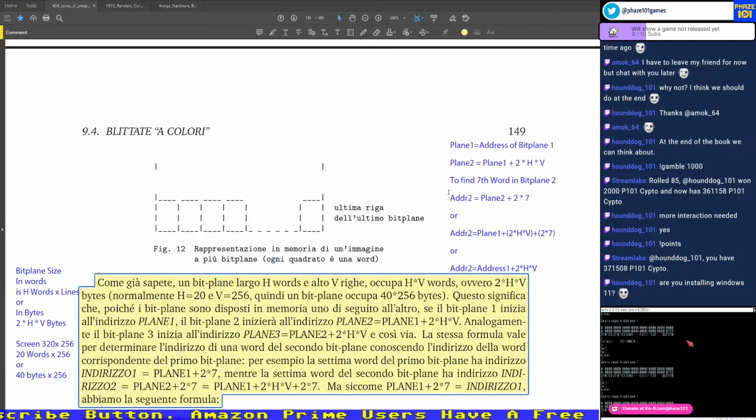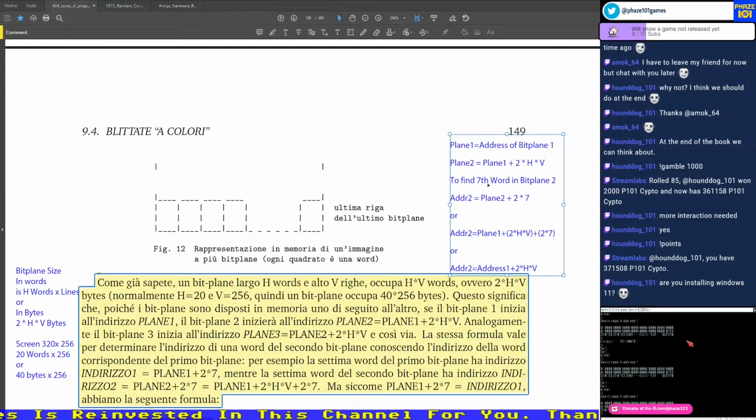Now, let's say we have bit plane 1. We're going to call this variable that points to our address of the bit plane 1.